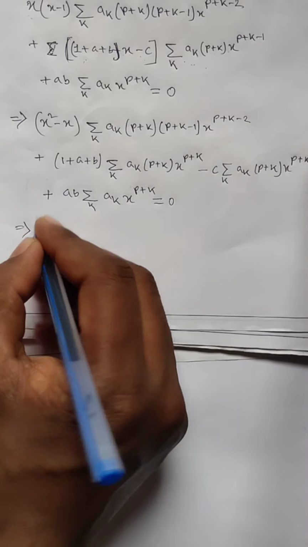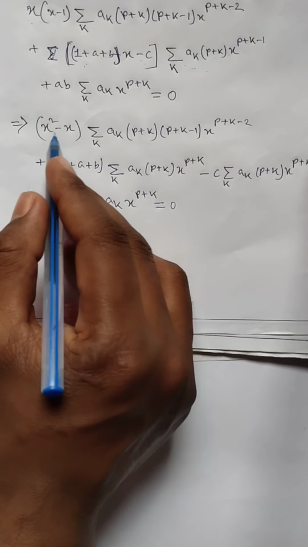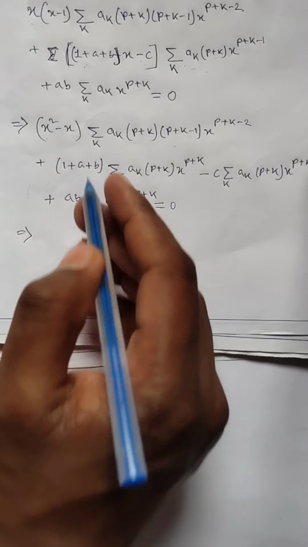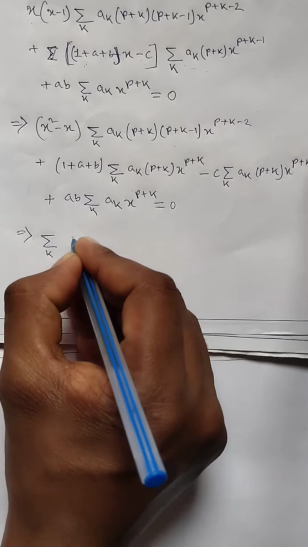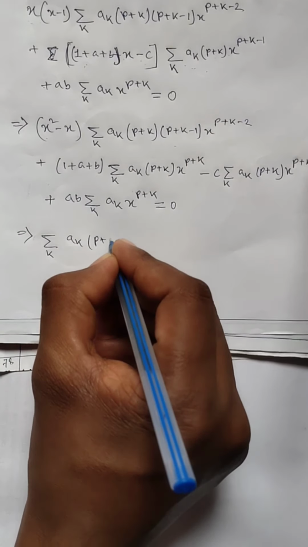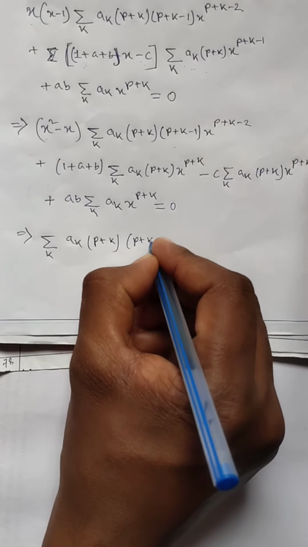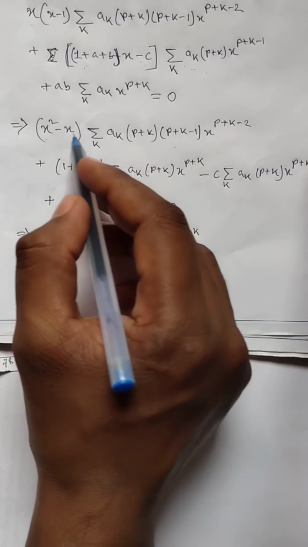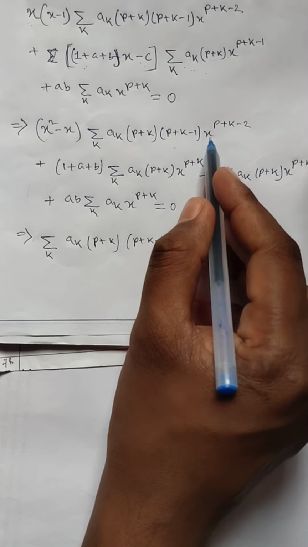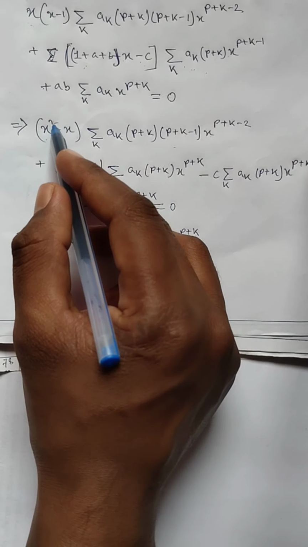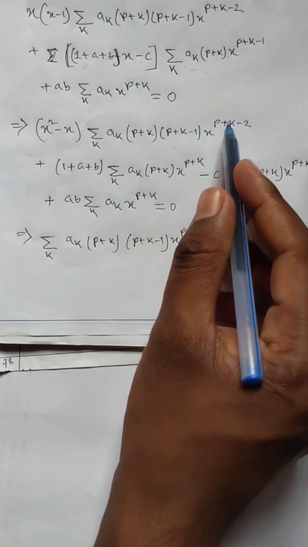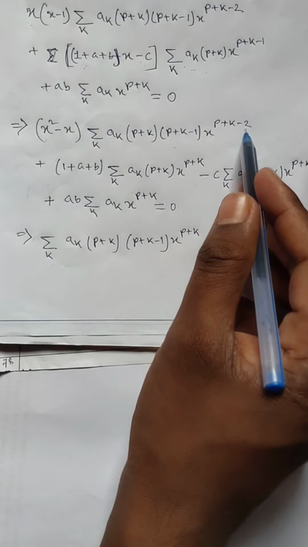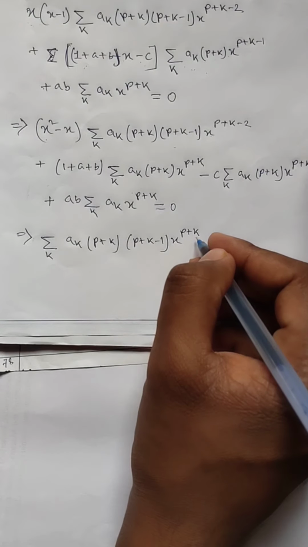Then if we solve this, and multiply this term with x square, we get the summation over k of a_k (p plus k)(p plus k minus 1) x to the power p plus k. Multiplying x square with this term, these two add with p plus k minus 2 plus 2, then minus 2 and plus 2 cancel out, so we get x to the power p plus k.